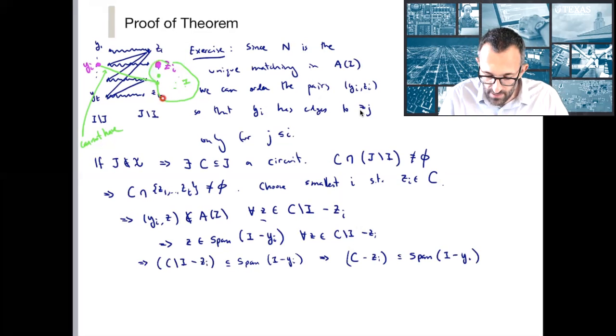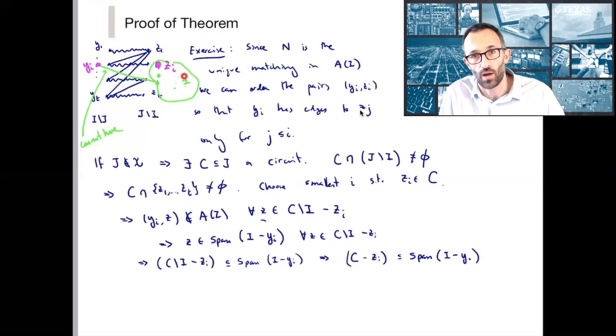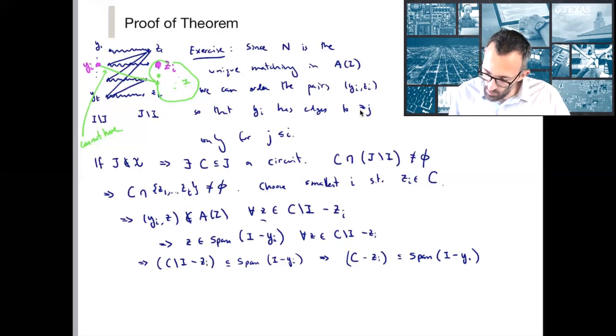We know the circuit lies somewhere here, and these are all the points that are in I but not in J. And since yi is not in this set that I subtracted, all of these other points are going to be actually members of I minus yi, and therefore we don't have to worry about it. They're certainly in the span because they're actually in the set itself. So the entire circuit minus zi is contained in the span of I minus yi.